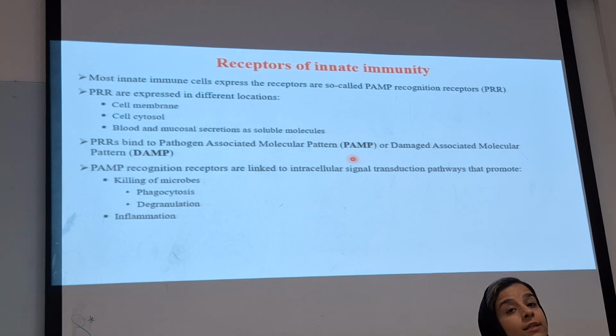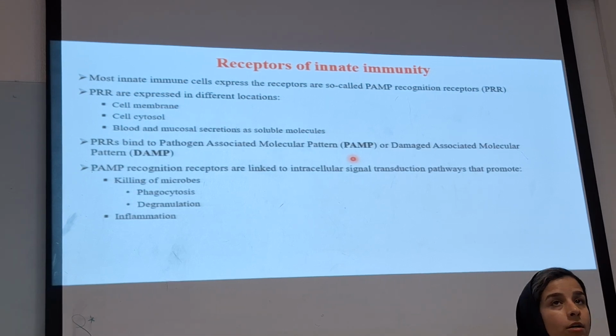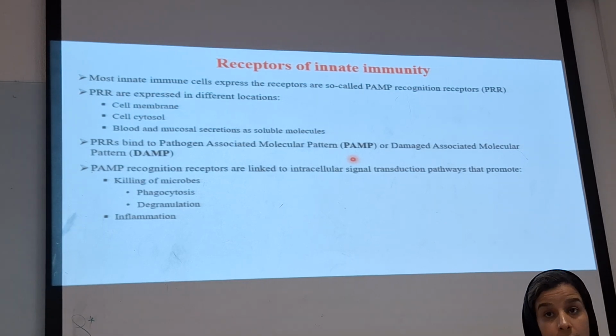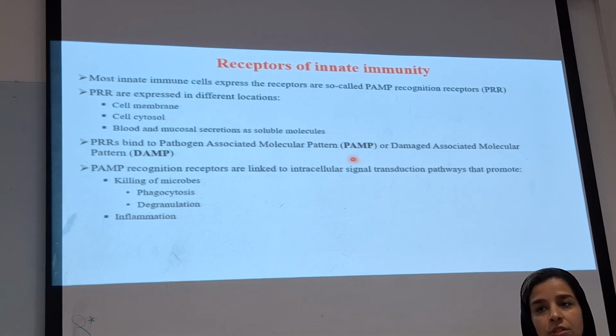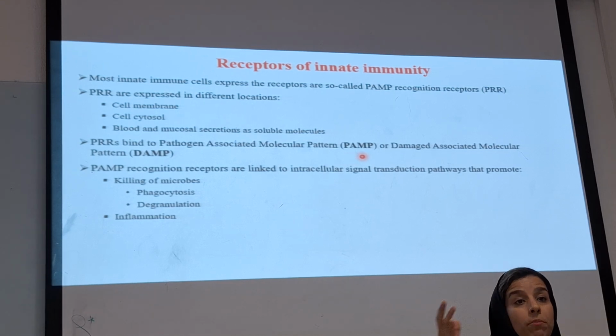DAMPs are some molecular structures on the surface of apoptotic cells, damaged cells, aged cells, and sometimes some self-antigens, self-proteins or ions in our body that are produced in huge amounts.